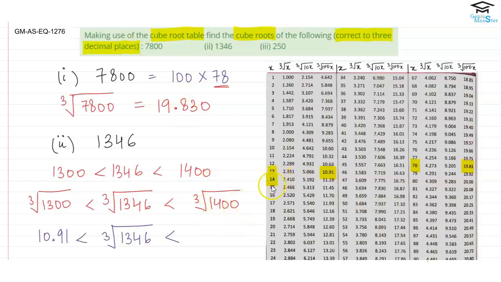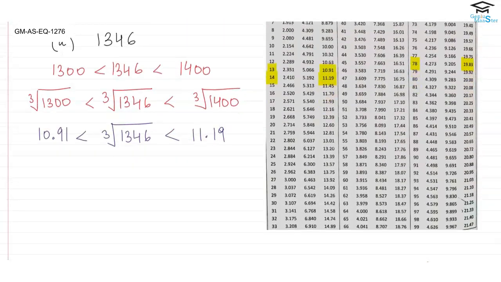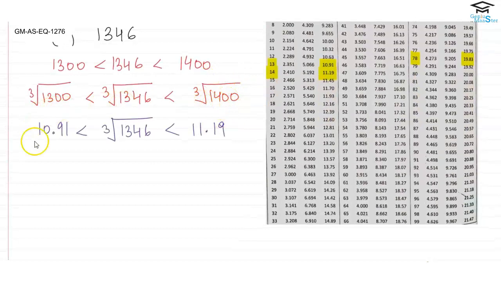Now we will find the cube root of 1400. 14 is here, and again we will look for the third column, which is this. So here we can write 11.19. So the difference between 1400 and 1300 is 100, and the difference between the cube roots of 1400 and 1300 is 0.28. Now 1346 is 46 digits away from 1300.